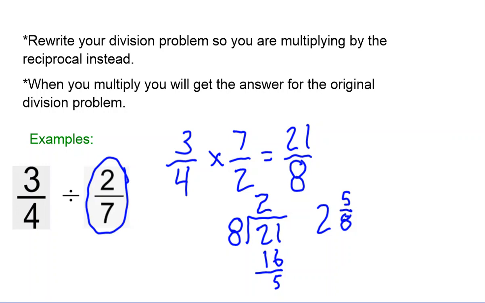In the keep, change, flip method, we keep the first fraction, we change the division to multiplication, and then we flip the second fraction. You can see we did that over here.